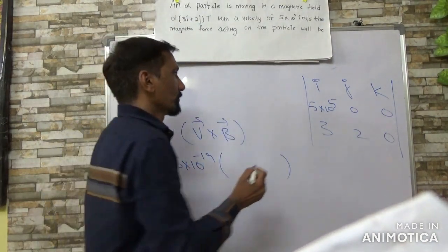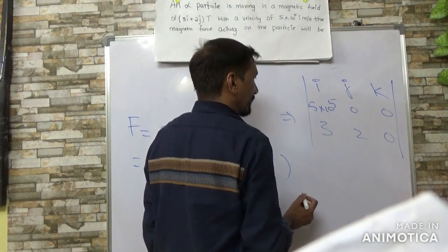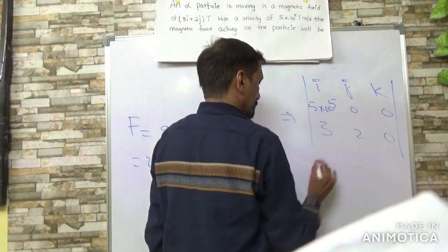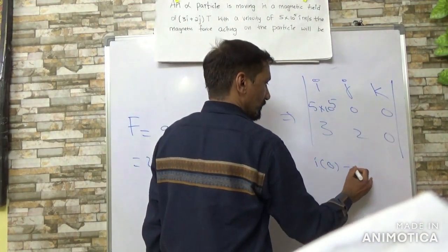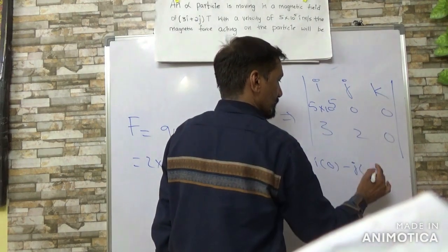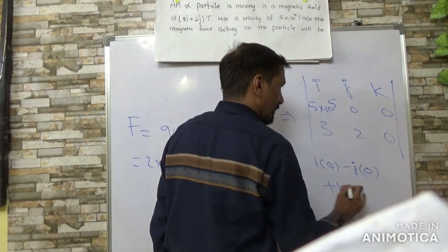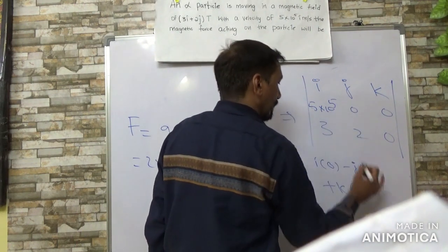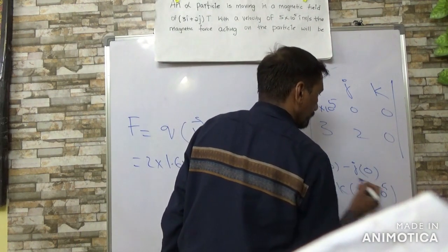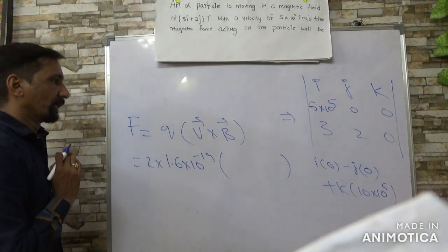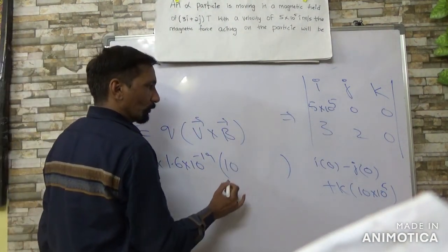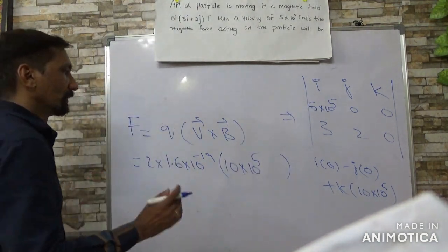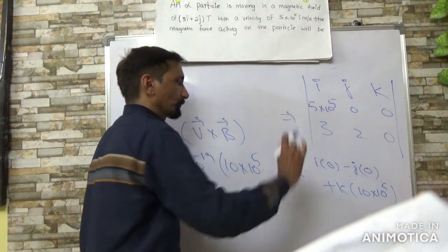So how to find the cross product? When you are taking I, the I column must be closed: 0. Minus J of 0 plus K of 10 into 10 power 5. That is about K, so you can write 10 into 10 power 5 in the K direction.